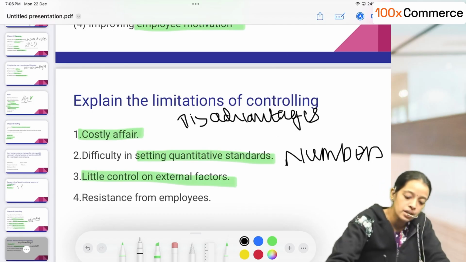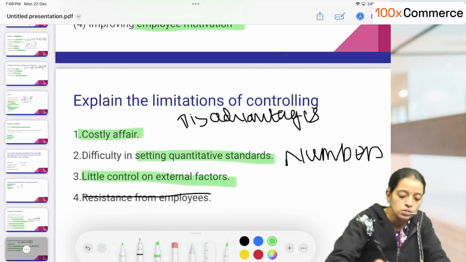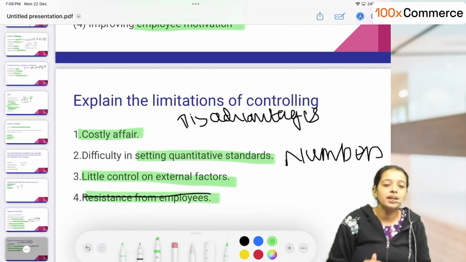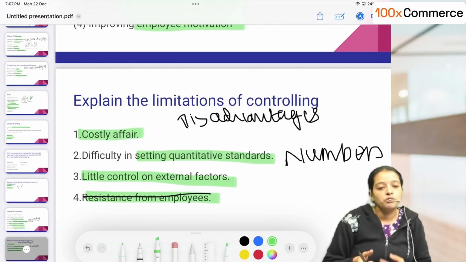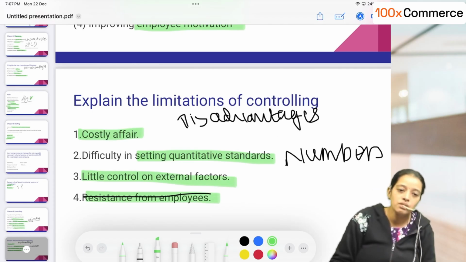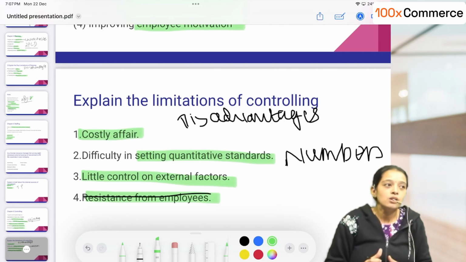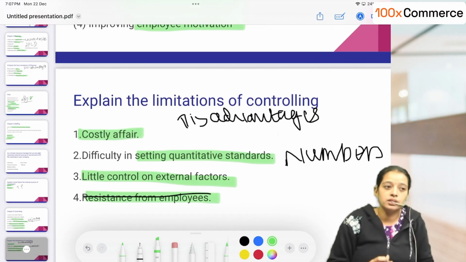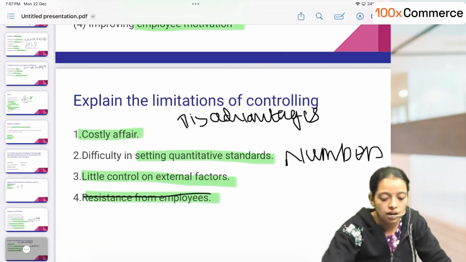And resistance from employees. So sometimes employees will not be that comfortable if they impose too much of the controlling concept in the workplace. Yeah, so there is some kind of resistance from them or they feel hesitant. So that kind of problems also will be arising.